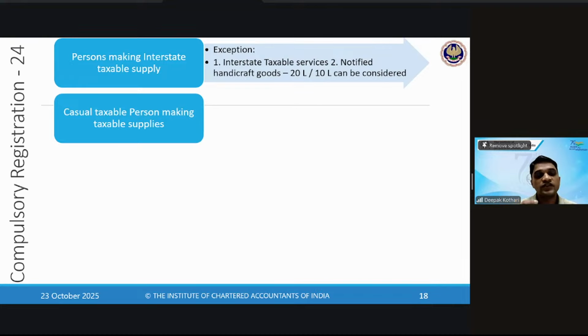But instead of Channapatna toys, if you sell, say, plastic toys from Channapatna to another state, should you register or not? You're selling for only 5,000 rupees.